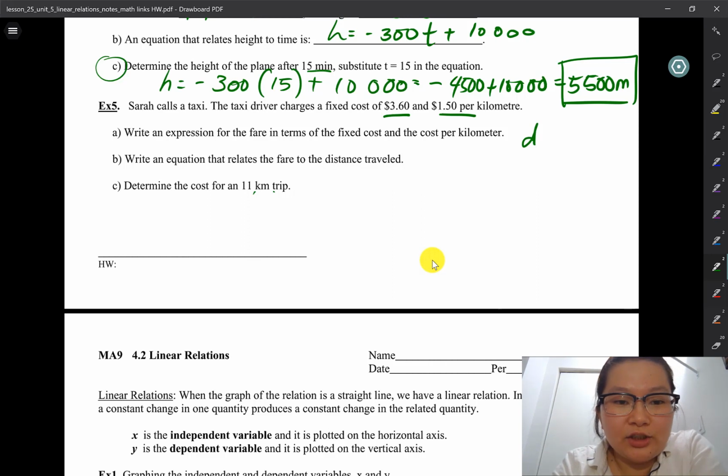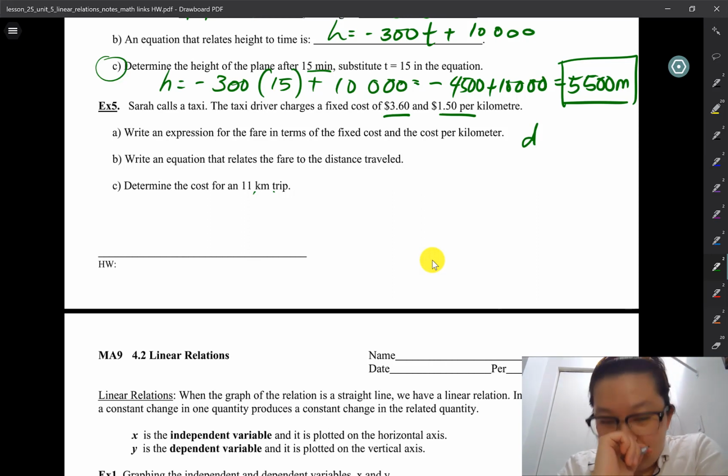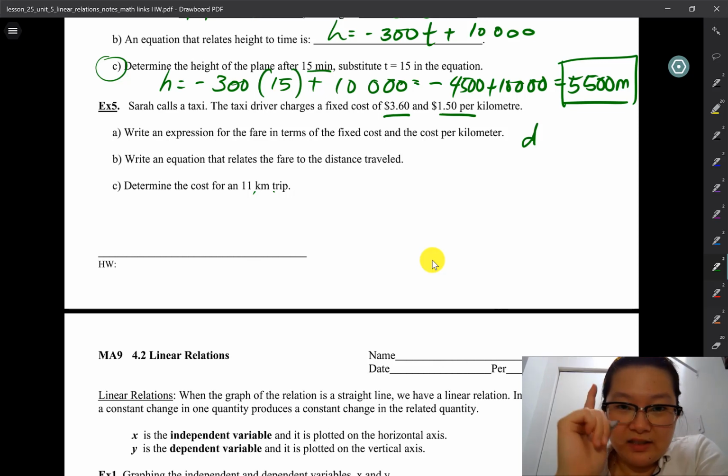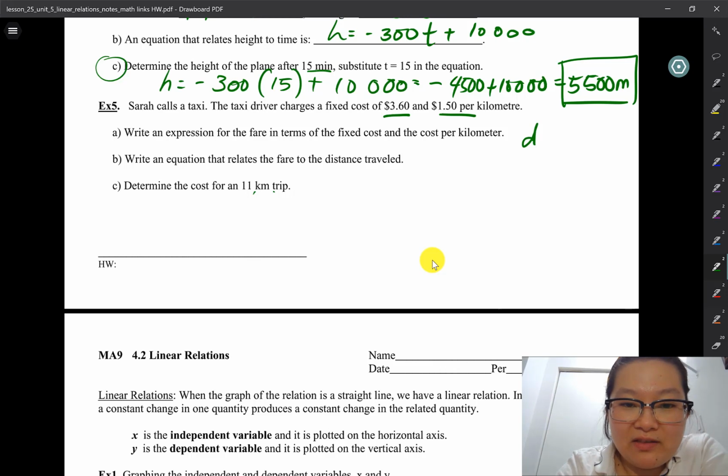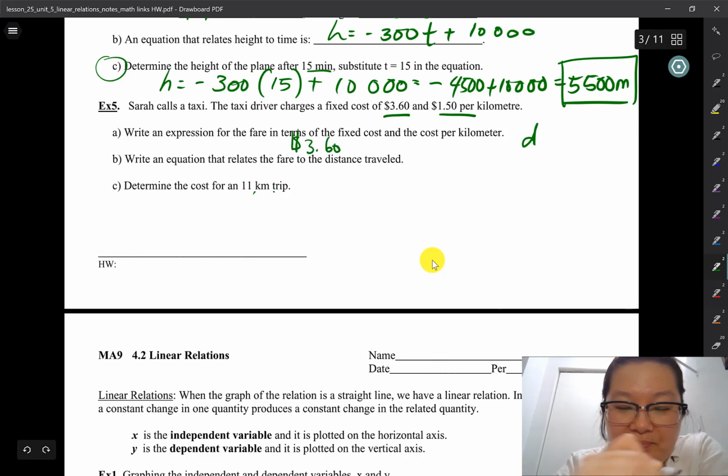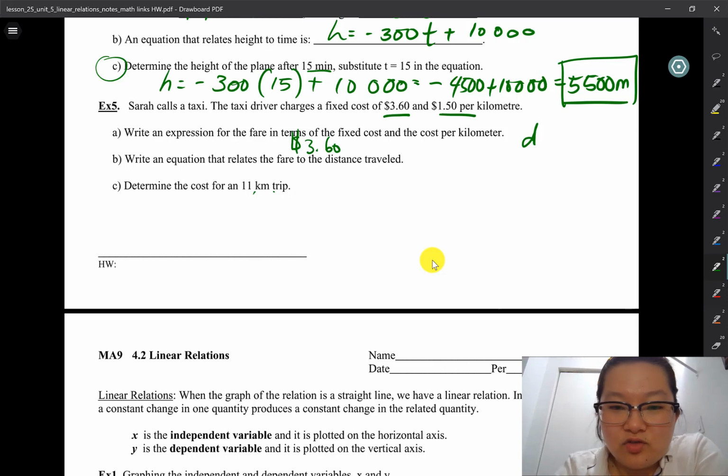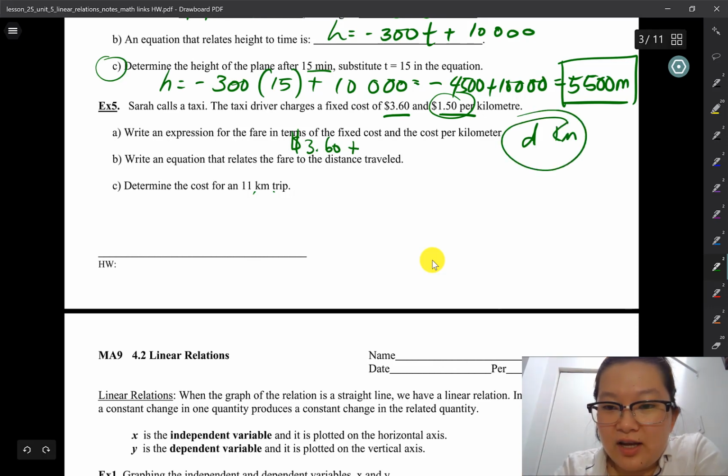I want an expression for the fare in terms of the fixed cost. Okay, so the minute I get on the taxi, I have to pay $3.60. That's pretty cheap, actually. And then for every kilometer I travel, I add an amount, but this amount depends on how many kilometers I traveled, which I have chosen d to be my variable.